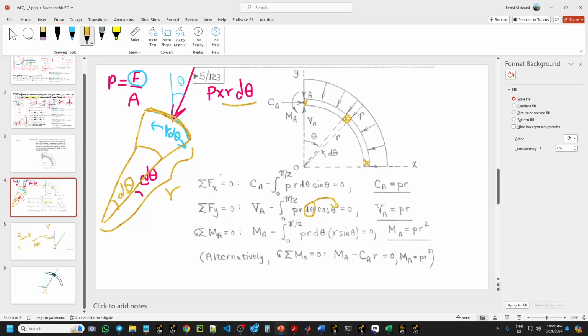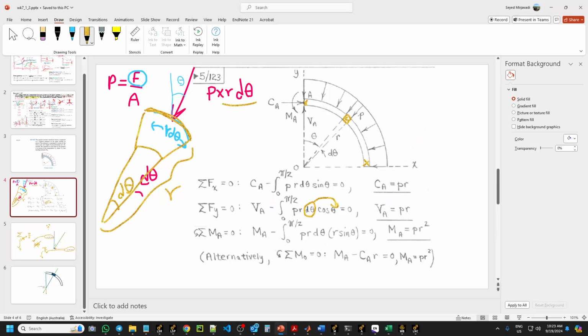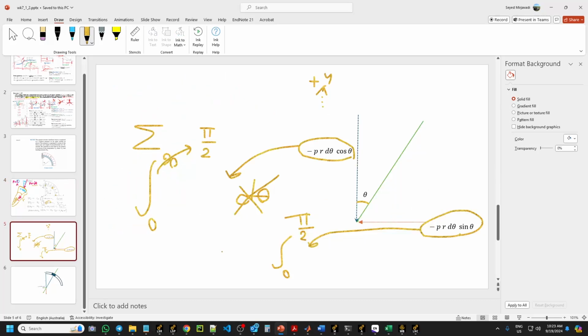For the summation of Fx, we will do the same thing. We just write the integration of all of the x components of the element from 0 to pi over 2. What else do we have here? We also assume that CA is pointing in the x positive direction.